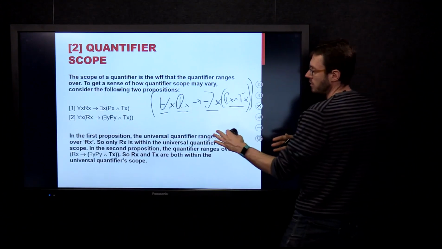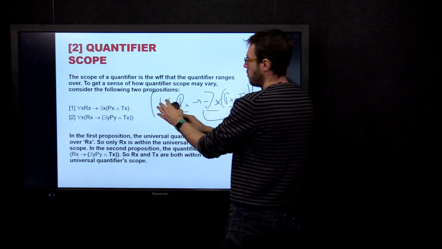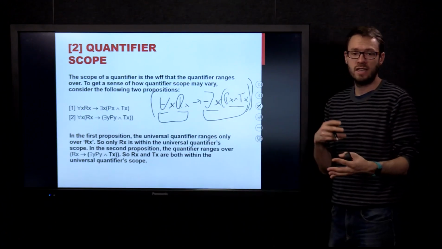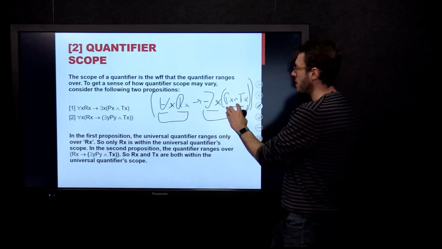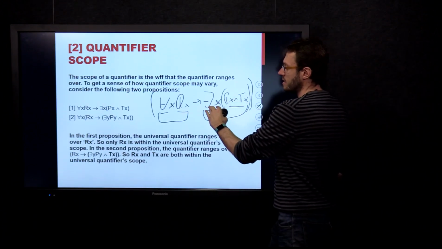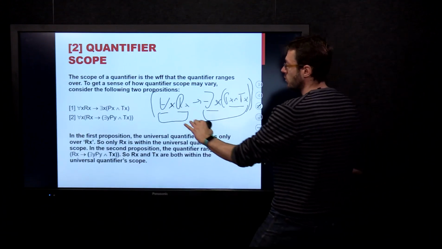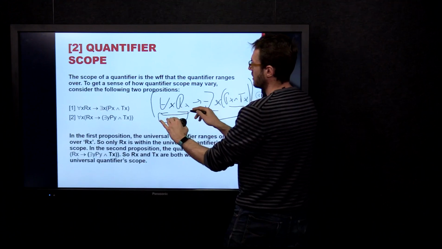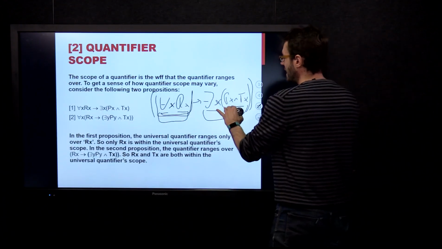But what's really important is that what happens over here is quite different to what happens over here. The two things don't relate to each other with respect to scope. The Px and the Tx are in the scope of the existential quantifier, but they're not inside the scope of the universal quantifier. The universal quantifier has its scope soaked up as soon as the Rx ends.